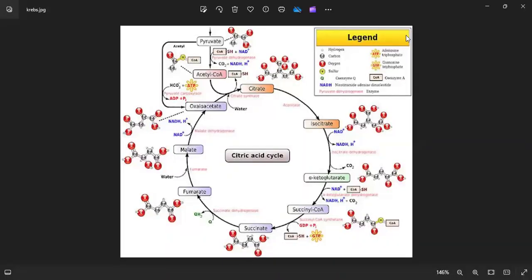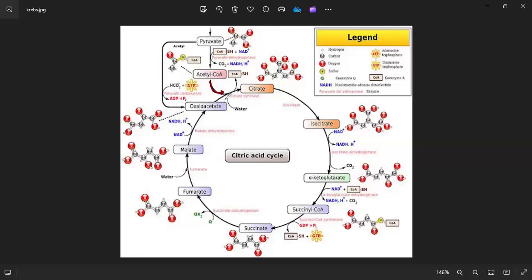Can you see, please? Yes, Doc. Good. So do you see the pyruvate here from the glycolysis, right? So that it is converted to acetyl-CoA by what? Pyruvate dehydrogenase. You see that? And acetyl-CoA would enter the cycle.